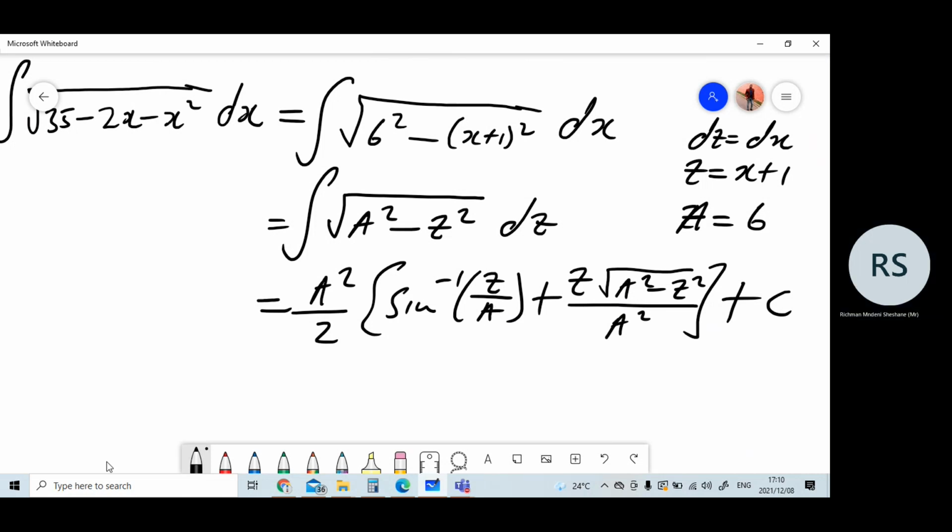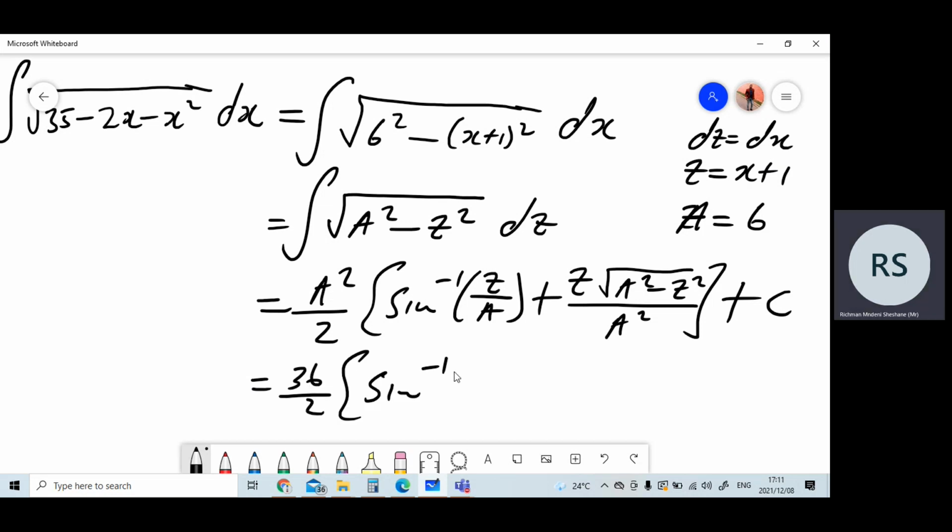Your value of a is 6, 6 squared is 36, over 2, sine inverse of z, which is x plus 1, over 6, plus z, which is x plus 1, times the square root of a squared, 6 squared is 36, minus x plus 1 squared.